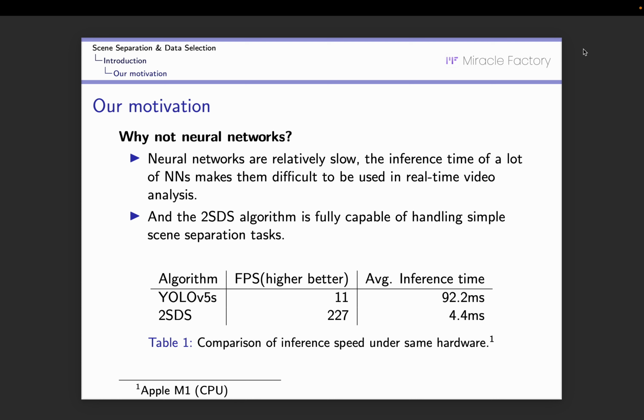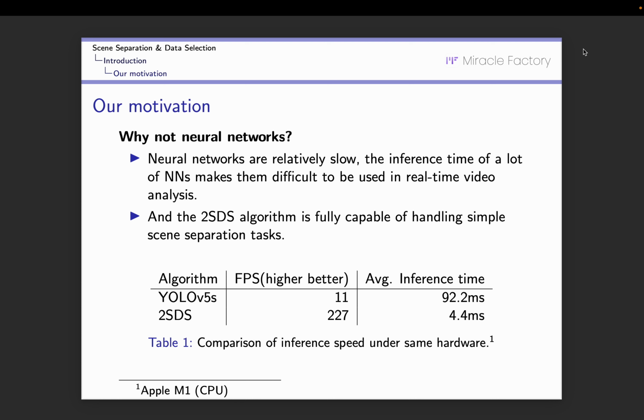If you see the data here, you can find that the 2SDS algorithm is a lot quicker than YOLOv5s on the same hardware. We measured 227 frames per second using the Apple M1 CPU, compared to the 11 FPS of YOLOv5s.